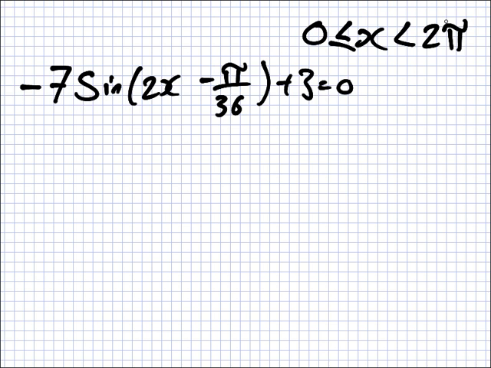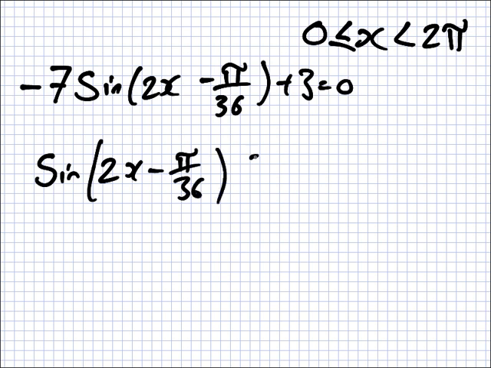You'll need your calculator, but before we start, how many solutions? 4 solutions. So we'll say sine (2x minus pi over 36) will equal 3 over 7.